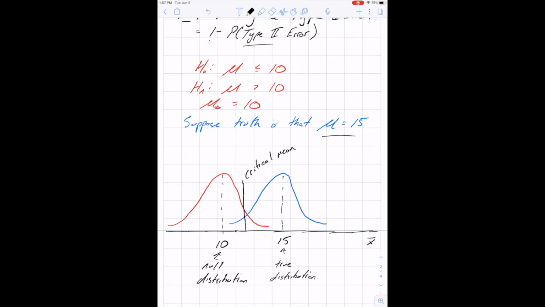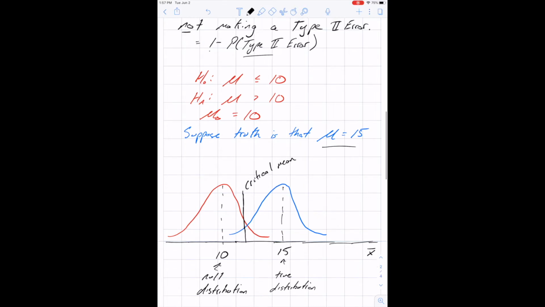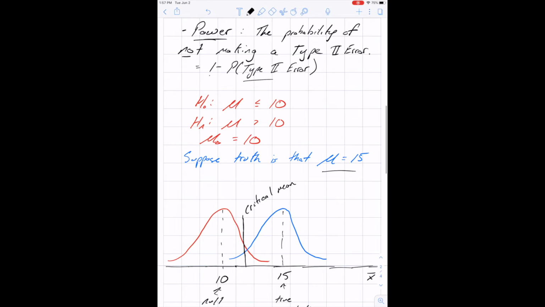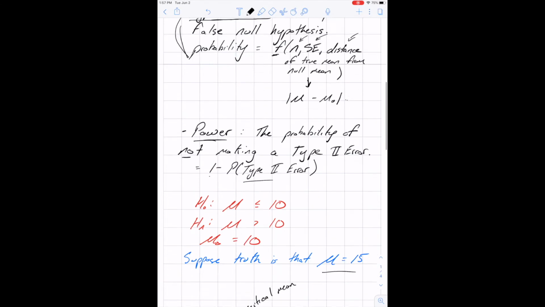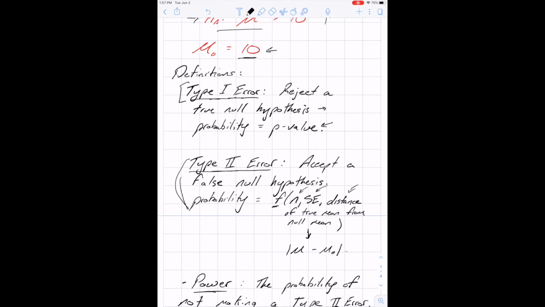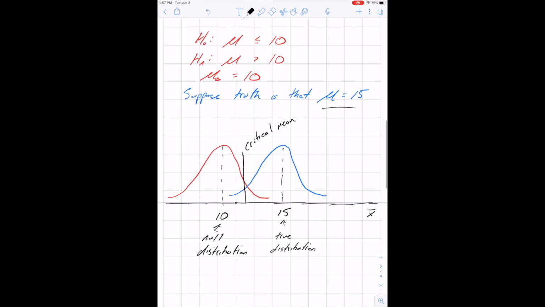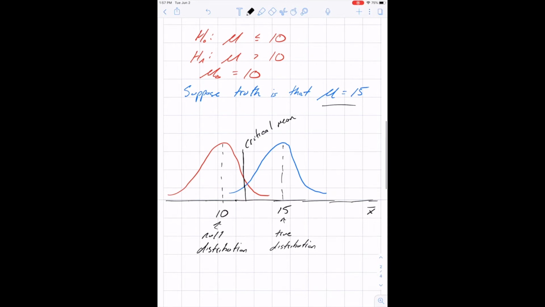So the alternative hypothesis is true. This means that it's possible for us to go get data and make a type 2 error. Notice it's impossible for us to make a type 1 error here because part of a type 1 error is rejecting a true null. Well, by assuming that the truth is that mu equals 15, that is assuming that the alternative is in fact true.